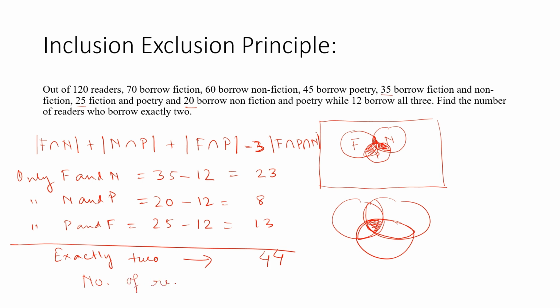Number of readers who borrow exactly two of the books is 44. Okay, so this is the solution.